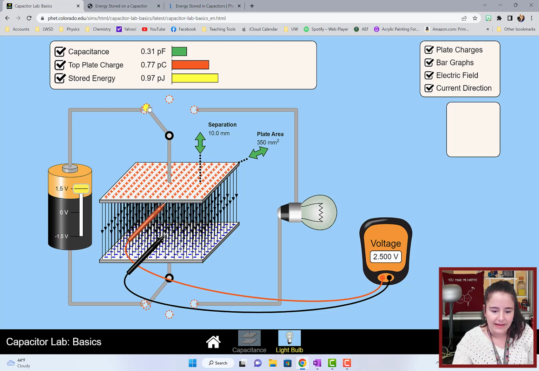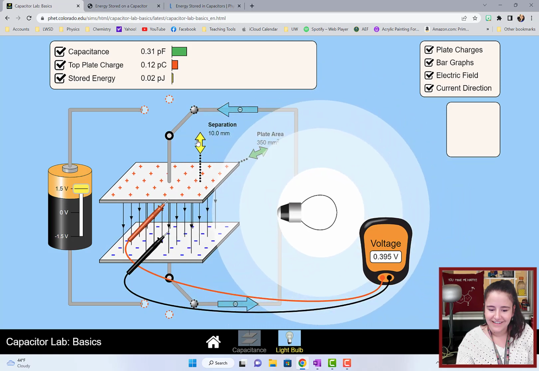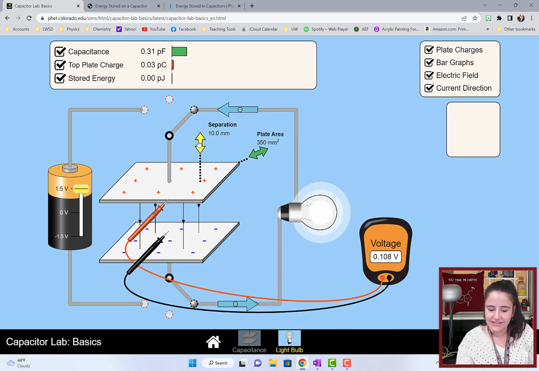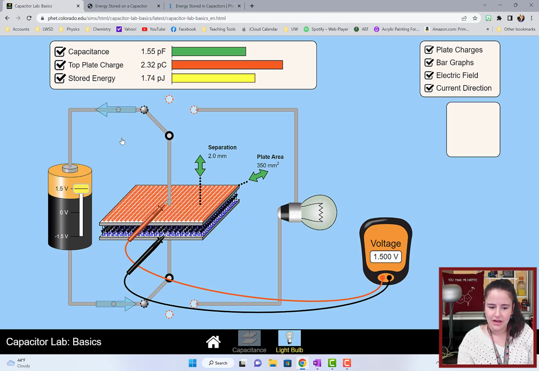So let's go ahead and discharge it real quick. And then we'll go ahead and start with our plates close together, so we can kind of visualize this. We have that high capacitance. We'll apply that voltage, put all that charge on there, and now disconnect the switch, open that circuit, and separate the plates.